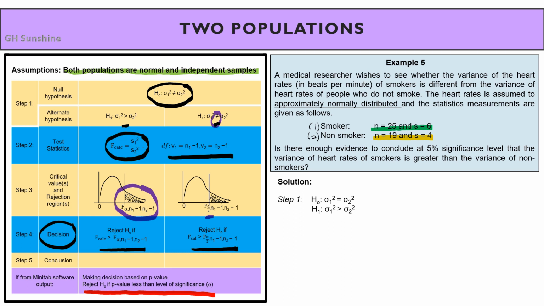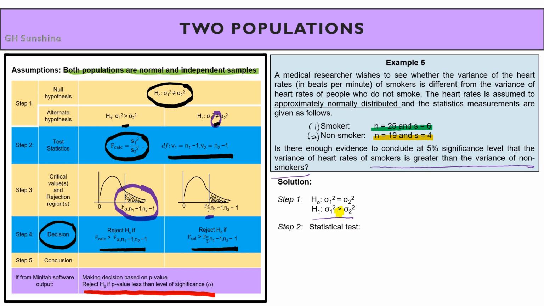So H1: sigma 1 squared is greater than sigma 2 squared. This is based on the statement that the variance of smokers is greater than the variance of non-smokers, so we will use the greater than symbol here.